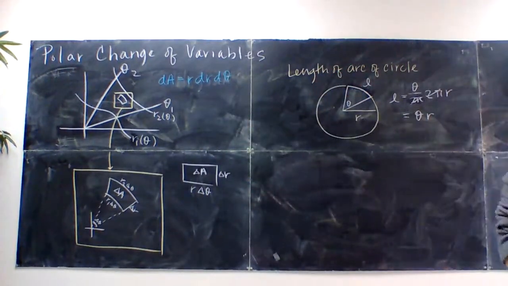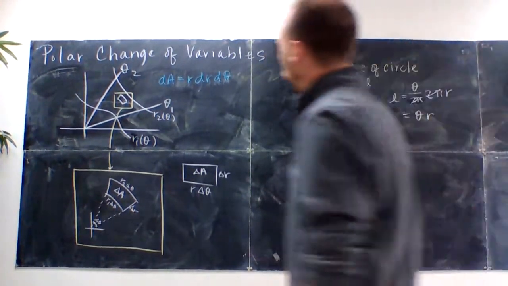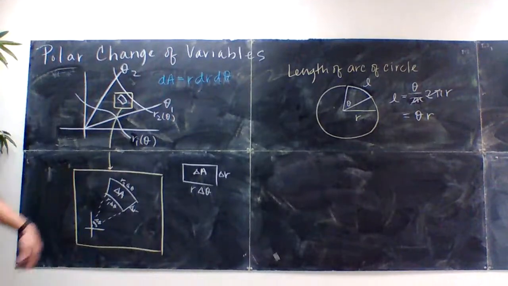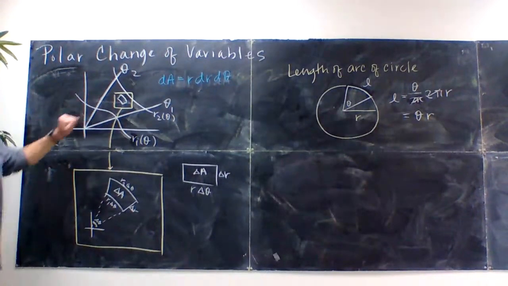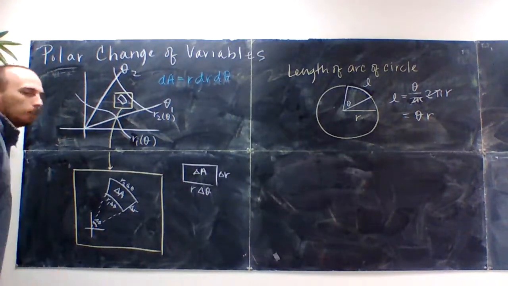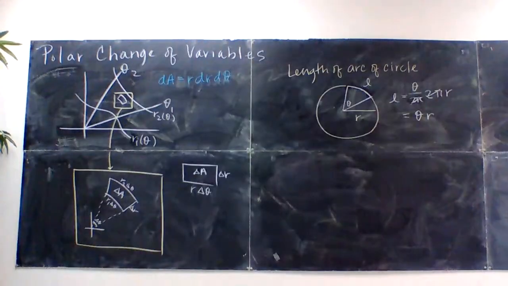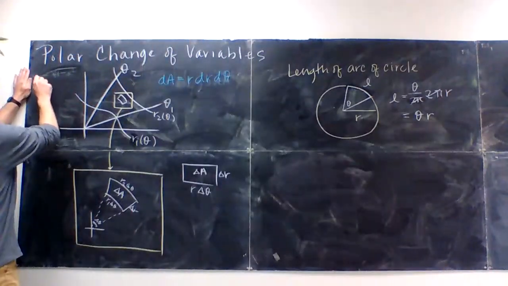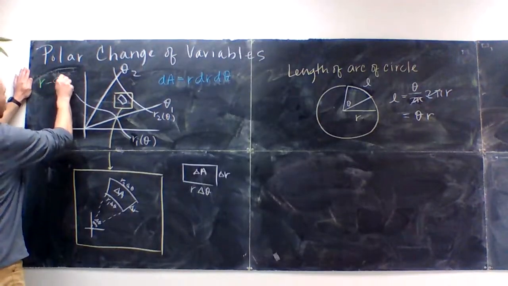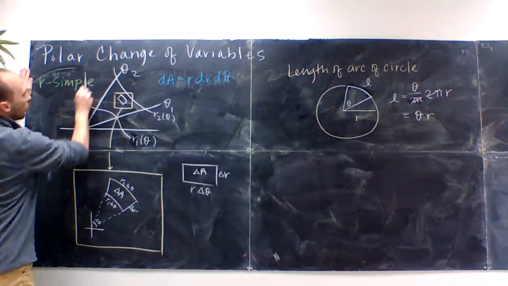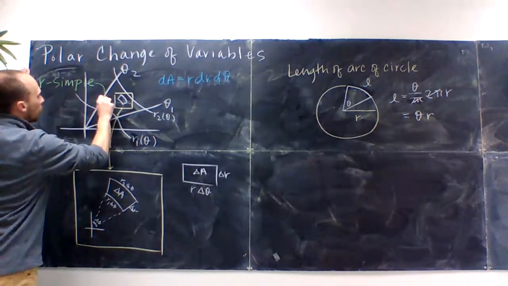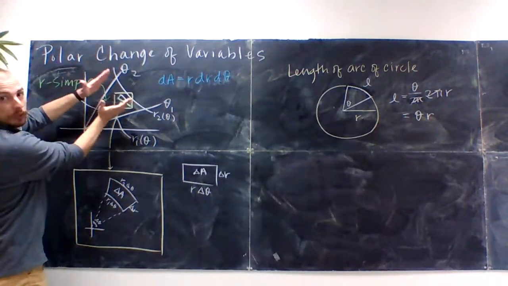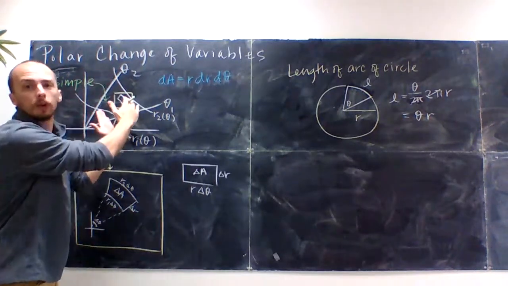I was just going to draw you a quick little image of an r simple and a theta simple region. I think I'm going to say that this is an r simple region. I'm going to get a different color. So this is what I would call an r simple, because theta is between two numbers and r is between two functions of theta.